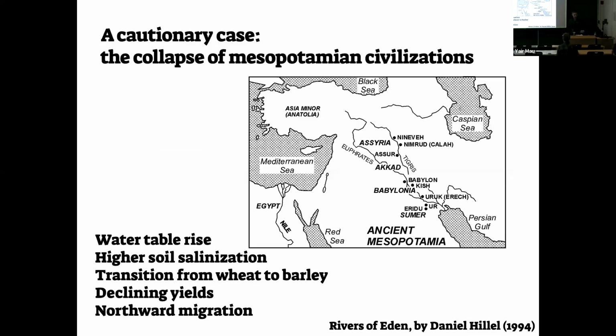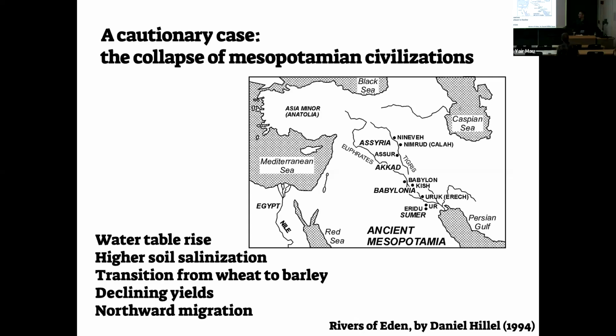And we have a cautionary case that I bring here, from Daniel Hillel: the collapse of Mesopotamian civilizations. There are many reasons why civilizations such as the Sumerians, the Babylonians, the Akkadians eventually collapsed, but we can associate part of the reasons with soil salinization.